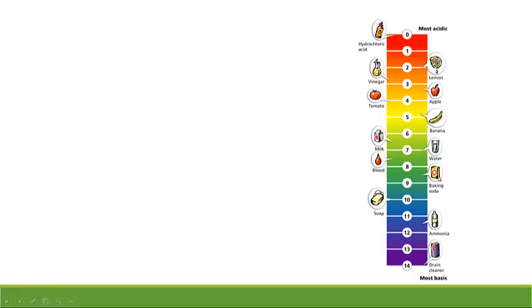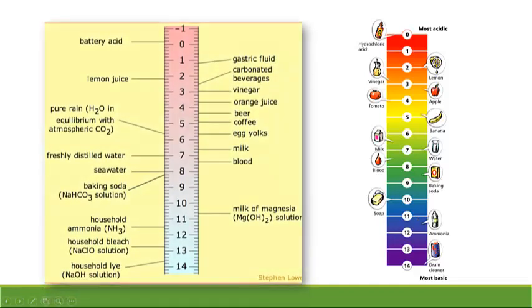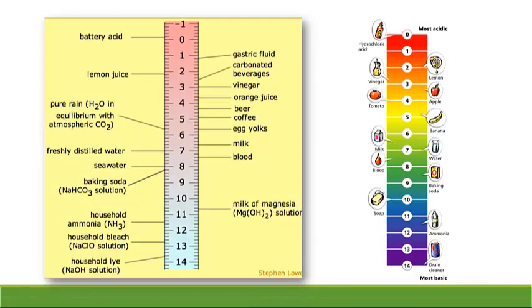Things that are basic include baking soda, soap, ammonia, and drain cleaners down there. So what I want you to understand is that things that are highly acidic have a very low pH number, in the 0 range, and something that's really basic has a large pH, something around 14.